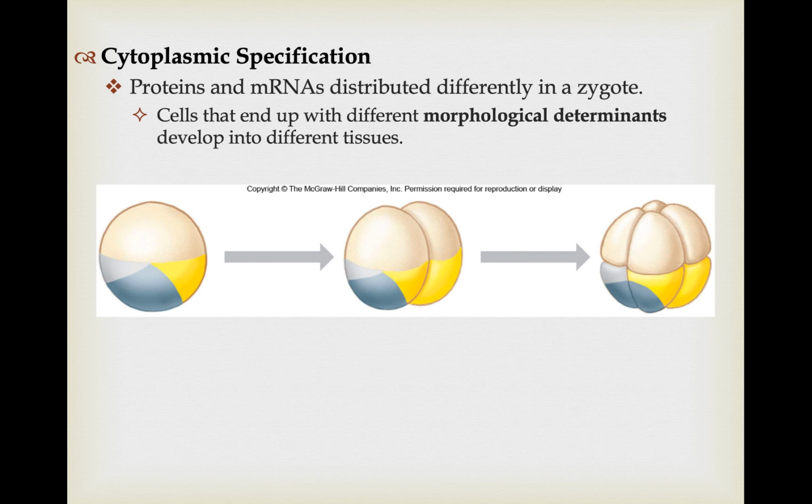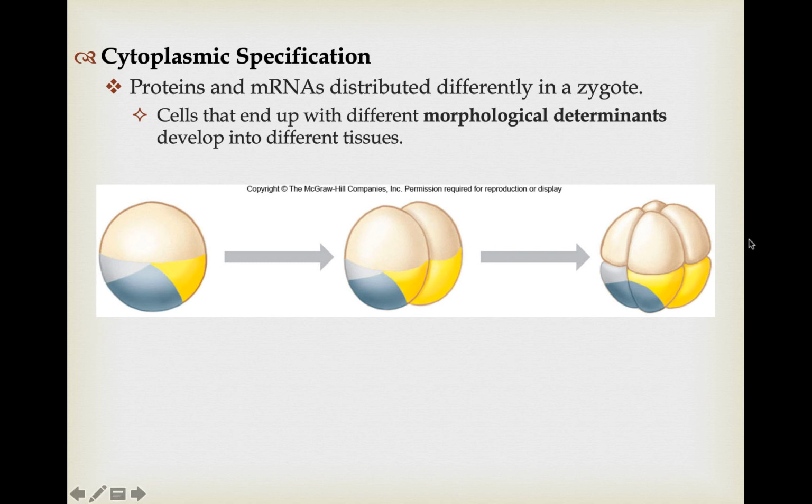Gene expression is when you turn on a gene to produce a specific protein that could affect development, in this case. One of the ways that differential gene expression can occur is through cytoplasmic specification. Here we have a zygote, and these different colored regions are indicative of different proteins and messenger RNAs that can kickstart the formation of proteins differently in each of these parts of the zygote.